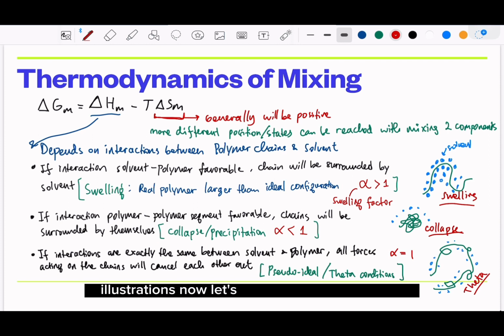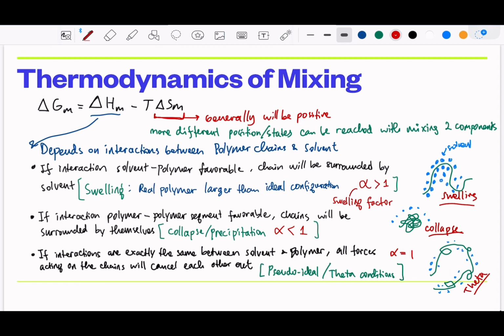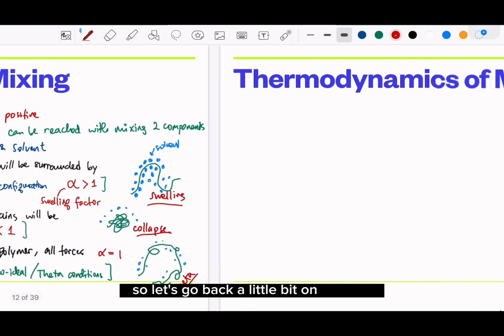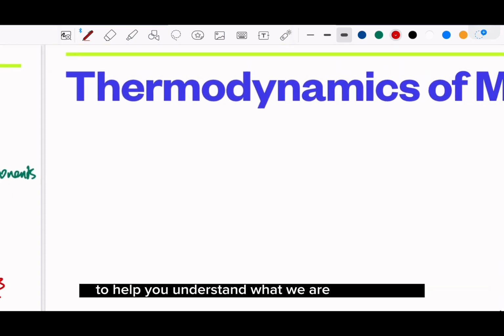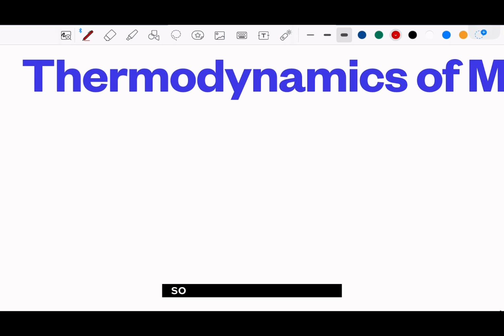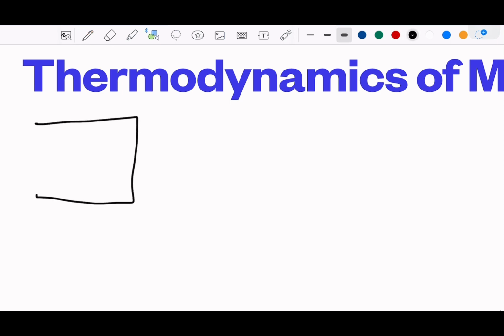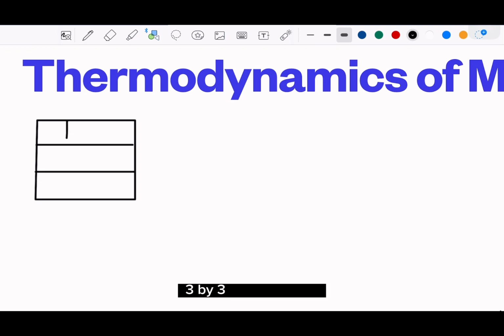Now let's go back to the entropy. Okay, let's go back to entropy. So this slide. So let's go back a little bit on entropy. Before I explain on the right side what this is, let me just give you some models to help you understand what we are going to do. Suppose that we have three by three row and column.